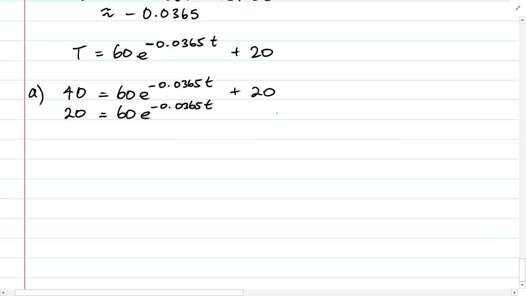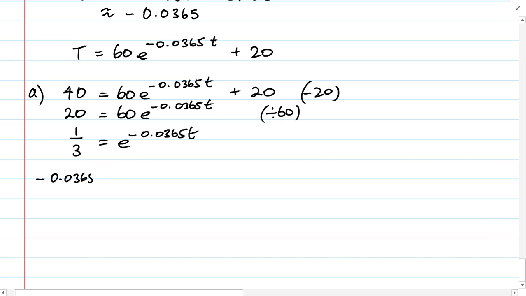And so I get 20 is equal to 60 e to the negative 0.0365t. I now divide by 60, having subtracted 20 earlier, and that ends up being one third, simplified, equals e to the negative 0.0365t. I take a log of both sides, or rearrange using log form, and I get negative 0.0365t is equal to the natural log of one third, and t is equal to the natural log of one third divided by negative 0.0365, or that value I've got in my calculator.